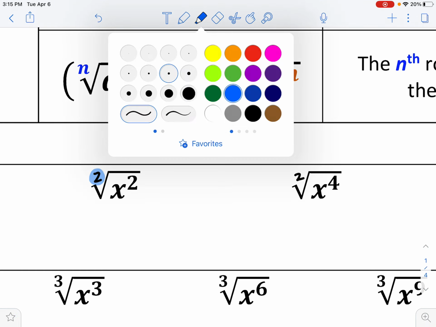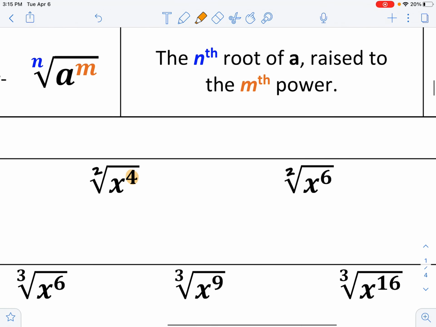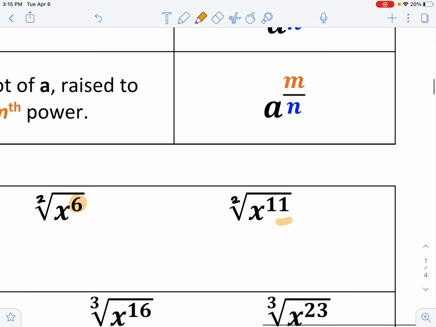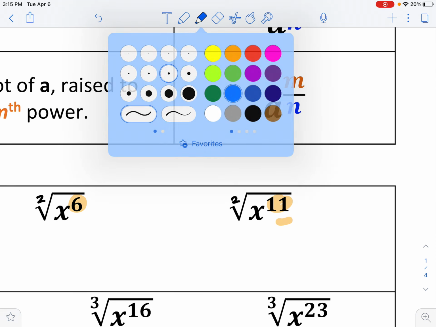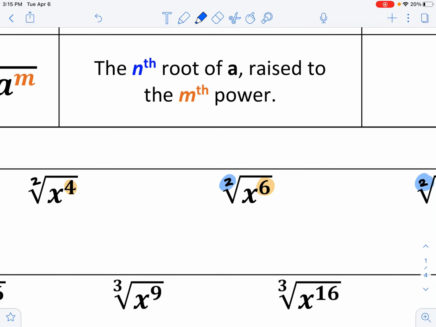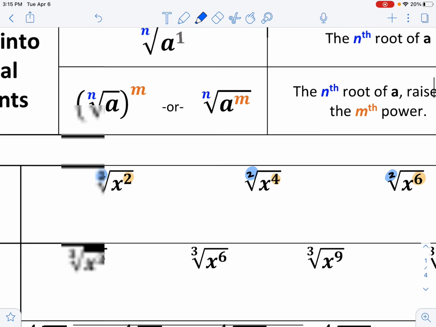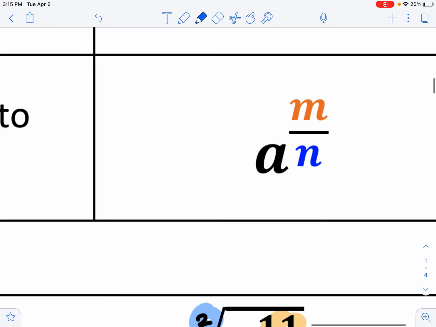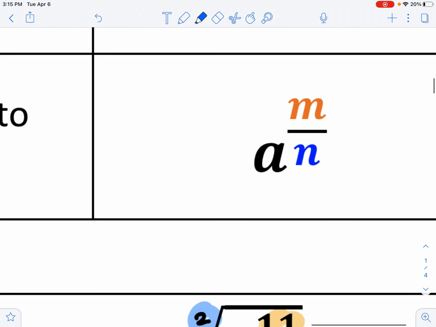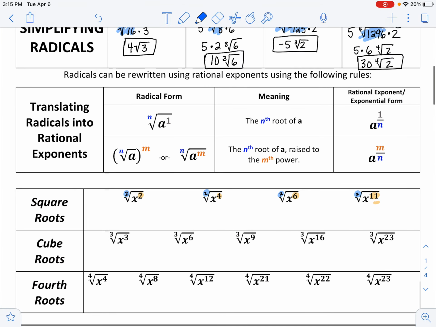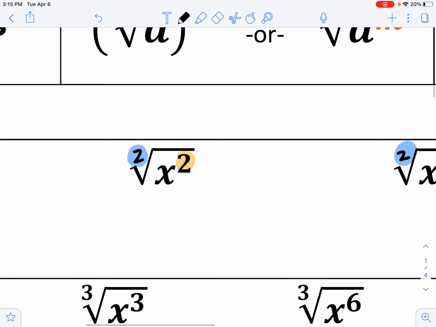So I'll go ahead and color code it the same way. Now, using this idea, putting your exponent over your index to make a new exponent for our variable, we would have this as x to the 2 over 2, and that simplifies to 1, so this would be x to the first, or you know that we can just write that as x.